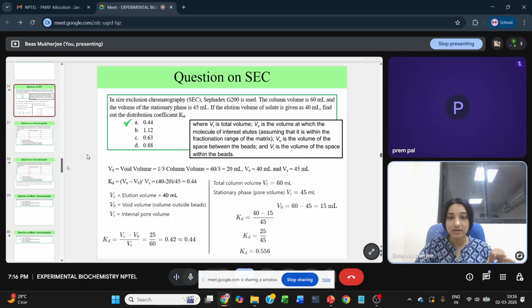So V naught is 15 ml, and then Kd is equal to Ve minus V naught by Vs, not Vt, this is your Vs. So that is actually giving you 0.55. Now that is also another way of doing it. So if that is how you do it, then you wouldn't come closer to any of these answers.